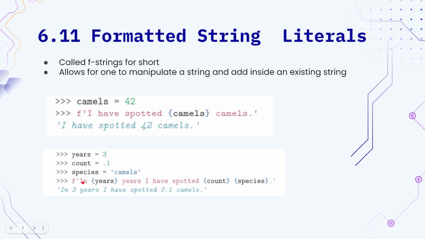So here it will currently say, in 3 years, I have spotted 0.1 species, and the variable species, since it's in curly braces, will be replaced with the word camels. So in 3 years, I have spotted 0.1 camels. And this is just an easier way of concatenation because you don't have to worry about converting types and adding plus signs. All you have to do is add the variable within these curly braces. And you have to remember to start it with this letter F.